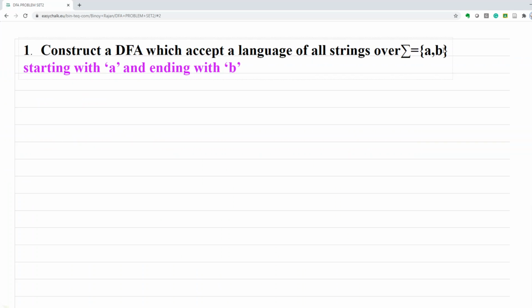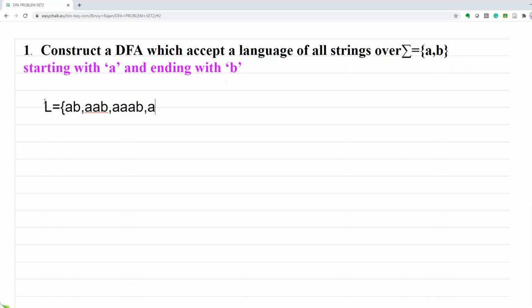So the first question, the condition is starting with A and ending with B. The first and foremost step is you need to write the language set. So L is equal to set AB. That is the minimum length string that can be used to construct a DFA. It starts with A and ends with B. What if I am having two occurrences of A and a B?